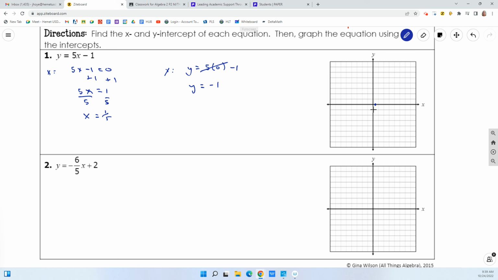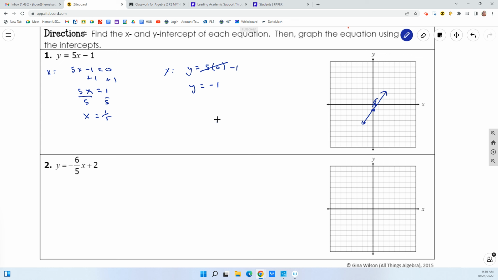So we know that we have our point on y at -1. And I see that these points are really close together, but it doesn't matter if I can draw a straight line through them. We can see that the graph of our line just goes through those 2 points. Not so bad, right?